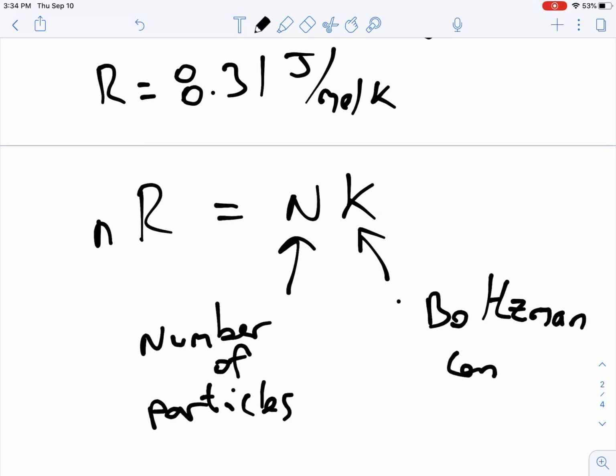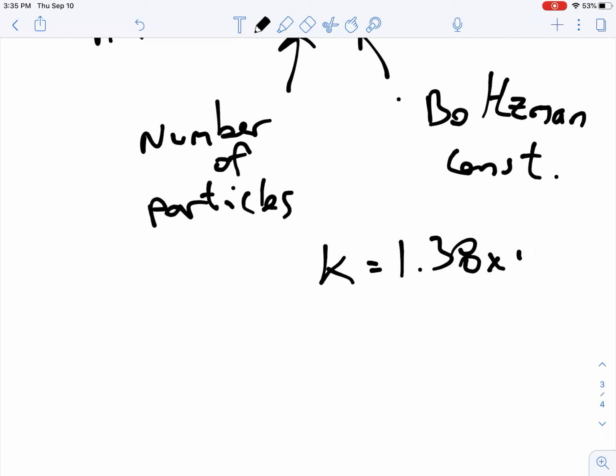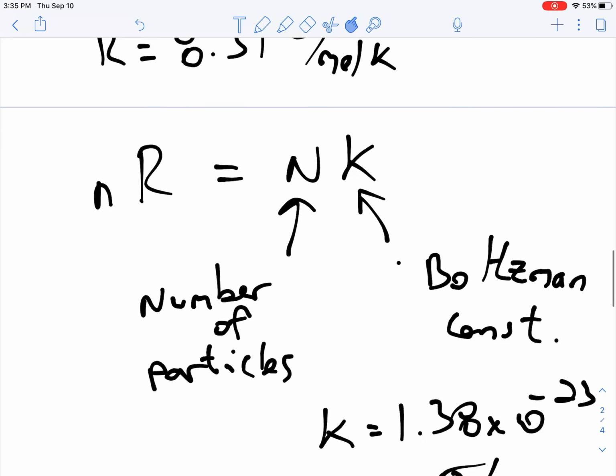K has the value of 1.38 times 10 to the minus 23 joules per Kelvin. So, as I said, whether we like nR or capital NK, it's the same value.